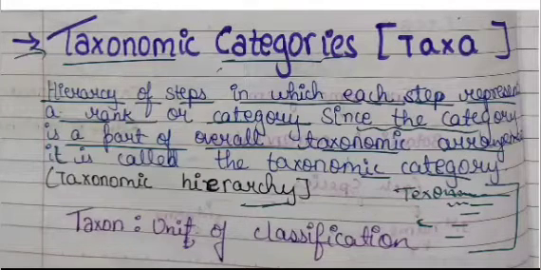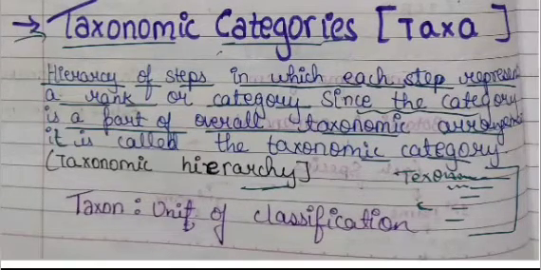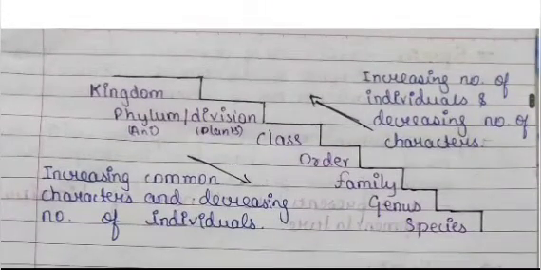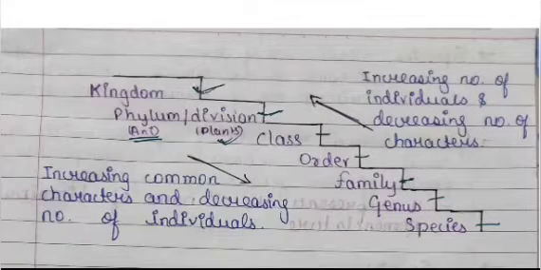In NCERT, 7 levels of classification have been given: species, genus, family, order, class, phylum for animals and division for plants at the same level of the hierarchical system, and then kingdom.